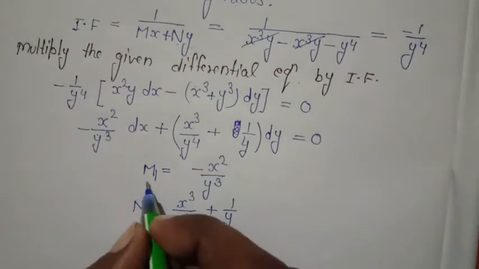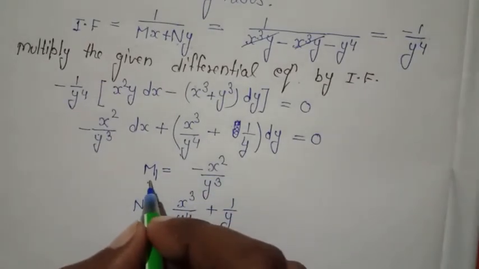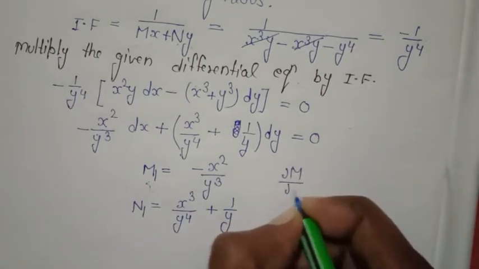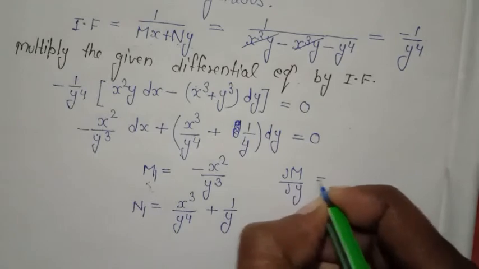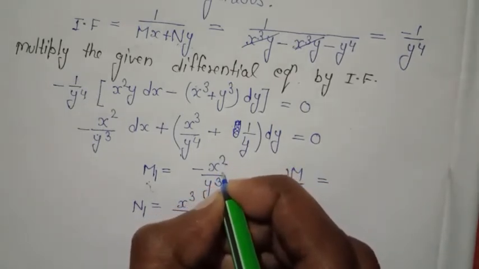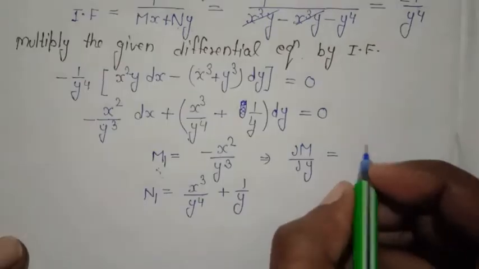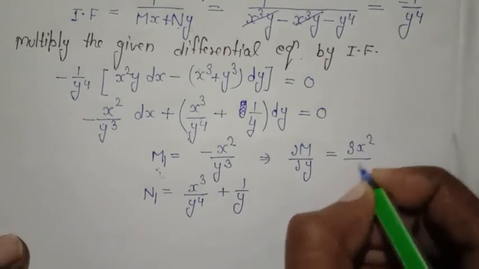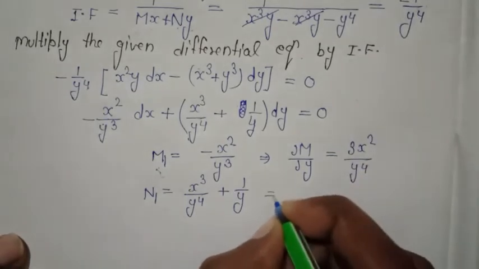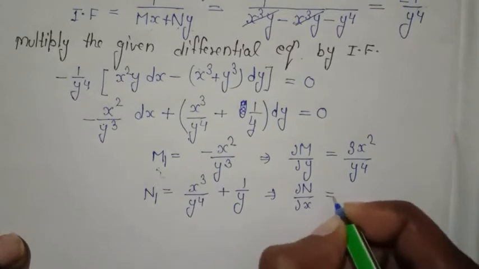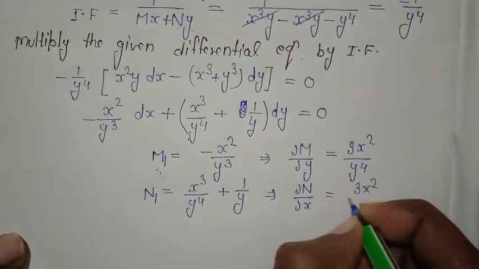If I differentiate this M1 with respect to y, then what I get? Three x square by y raised to power 4. And if I differentiate N1 with respect to x, then I get 3x square upon y raised to power 4.